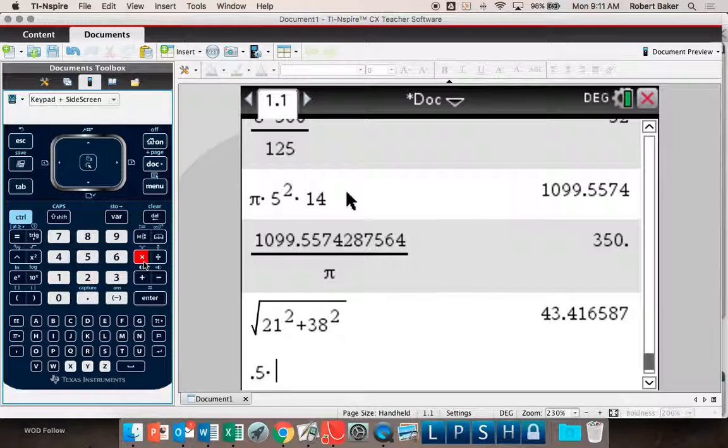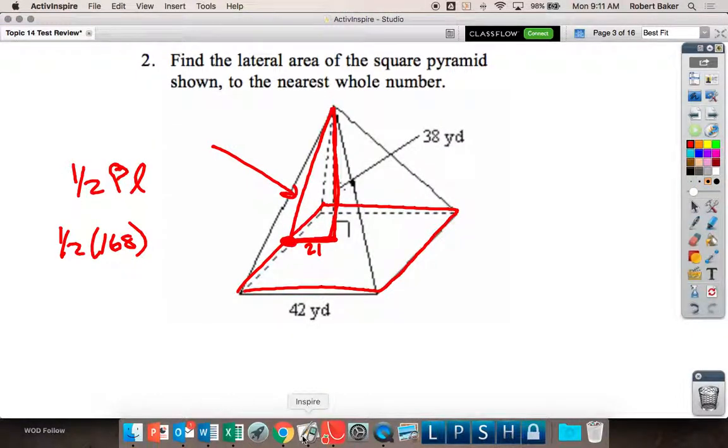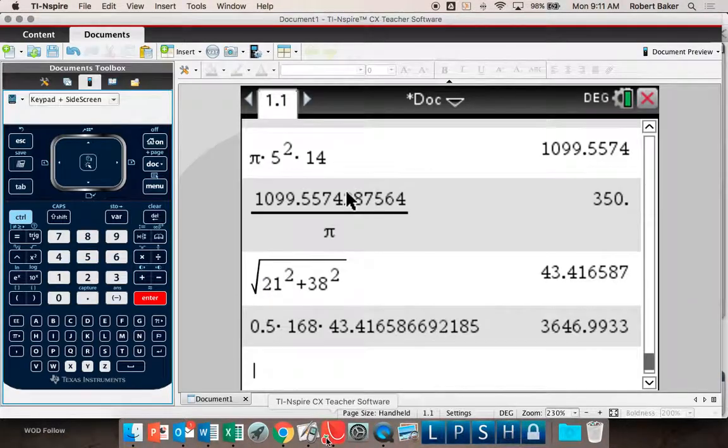And it says that the lateral surface area of that shape is 3,646.99. Do the instructions say nearest whole unit? Nearest whole number, so 3,647.